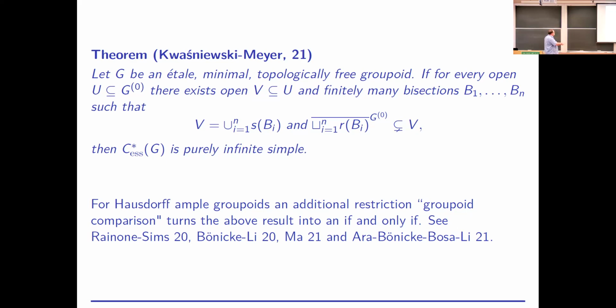If for every open U contained in G0, there exists an open V and finitely many bisections B_i such that V is equal to the union of all of the sources of the B_i, and the ranges of the B_i are disjoint and their closure is properly contained in V. So again, we have this idea of something, the source of which is the whole thing, and the range of which is properly contained. Then the essential C-star algebra is purely infinite simple.